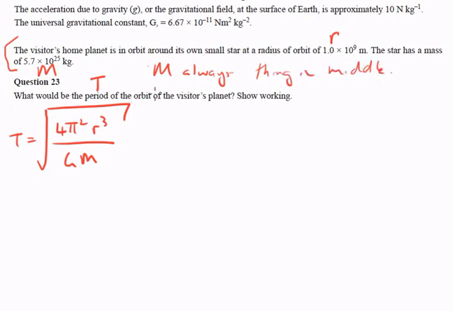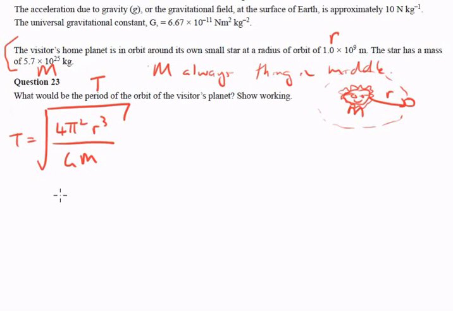Alright, they're talking about the planet going around the sun. That's my picture of a sun. It's awful, I know. There we go, he's wearing sunglasses. The planet going around the sun, they've given us the radius of that orbit, and they've given us the mass of the star, the sun. That's the mass we use, it's the thing in the middle. So instead of using the mass we calculated last time, we're going to use this new mass.